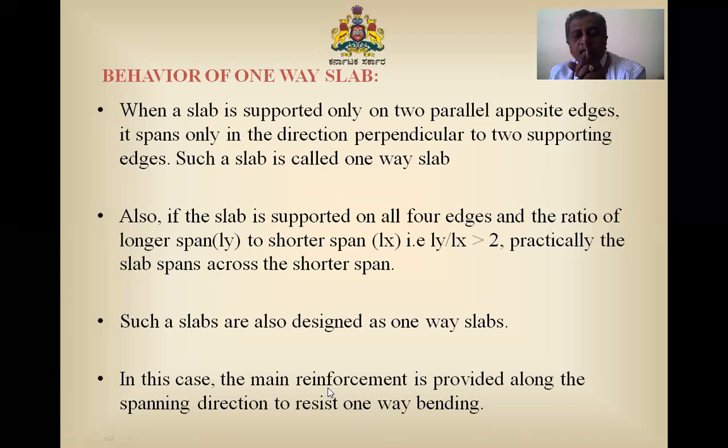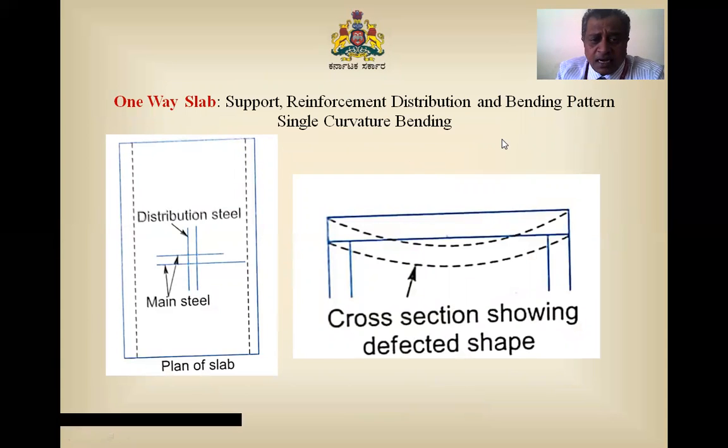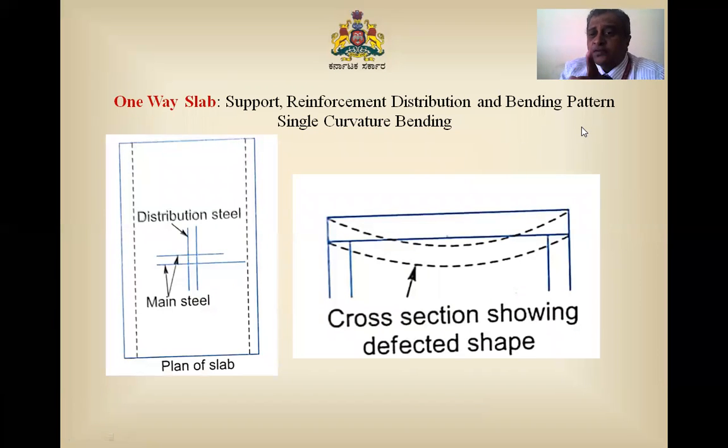The main reinforcement is to be provided along the shorter span, and the distribution steel is to be provided along the longer span. As I told, you need to understand the support, reinforcement distribution, and bending pattern of a single curvature slab. Here one support is there and here another support.